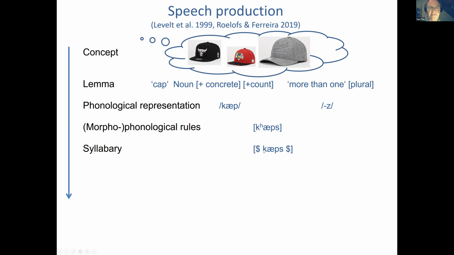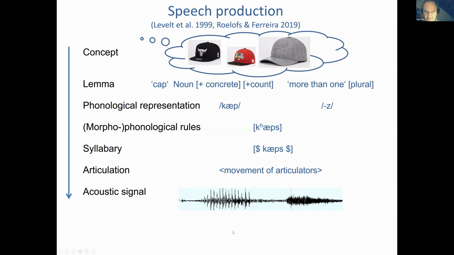And then you send this on to a so-called syllabary where you have the syllables listed. And once you have chosen the right syllable, you send this on to the articulator. And the articulator is the module that then tells our articulators what to do, how to pronounce the thing. And out comes then the acoustic signal.